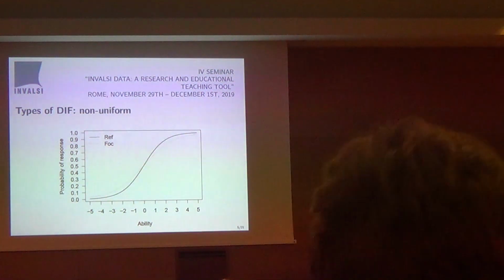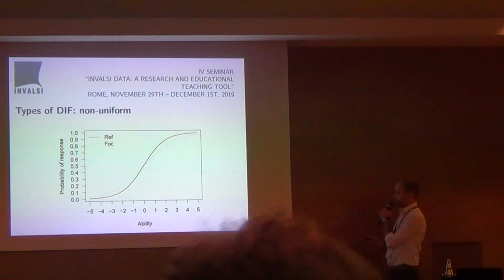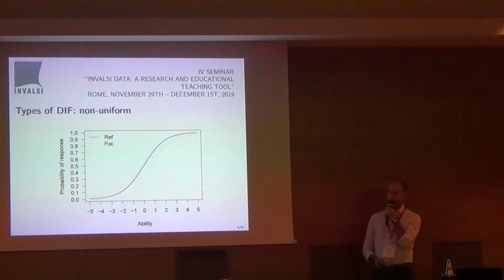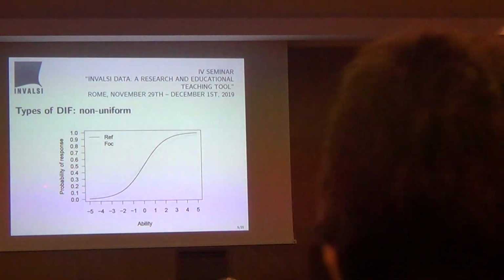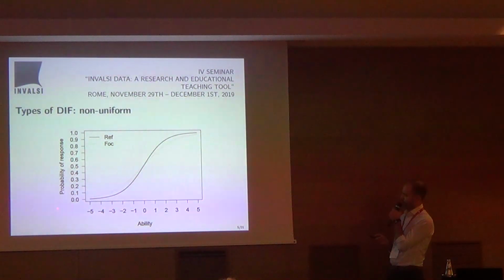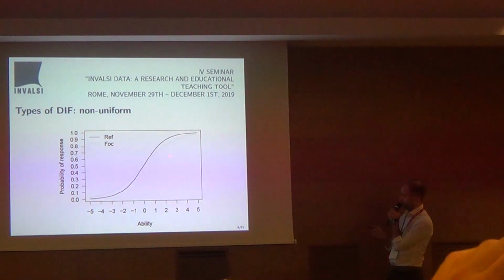While in case of non-uniform DIF, these two curves cross each other, and for example, for low levels of ability the focal group is above the reference, while for high levels of ability the reference group is above the focal group.